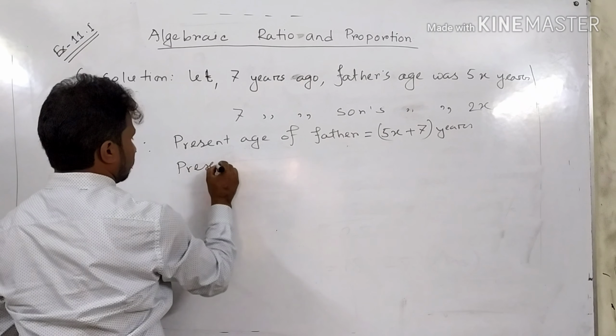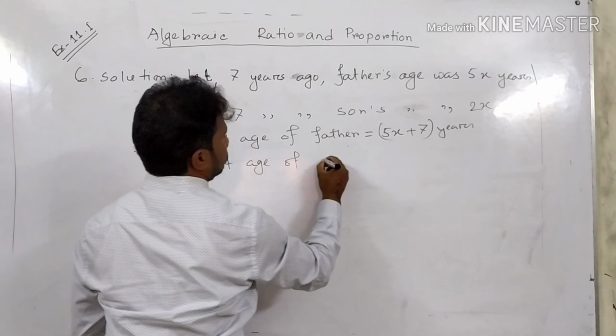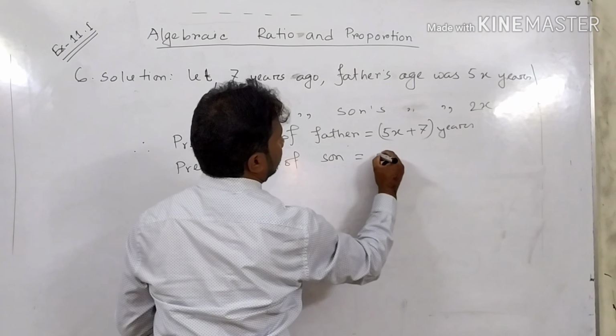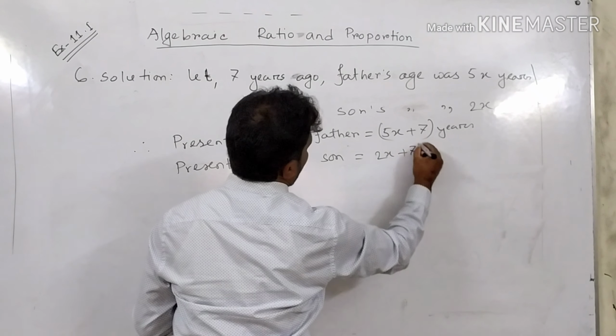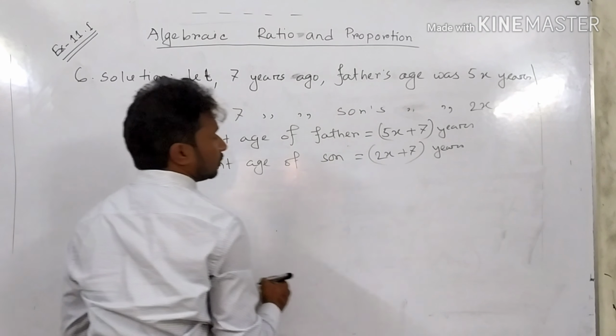Present age of son equals 2x plus 7 years.